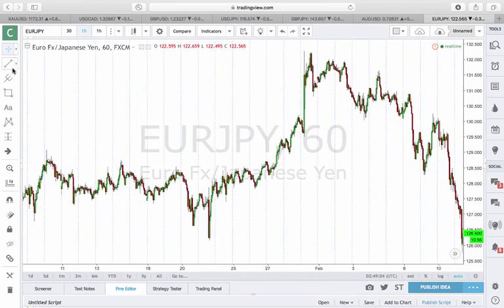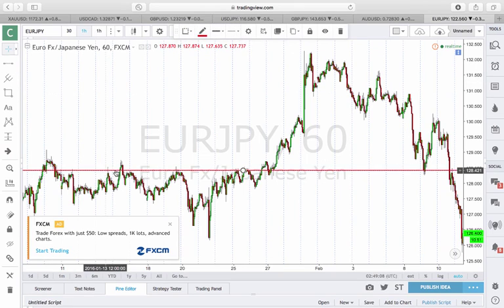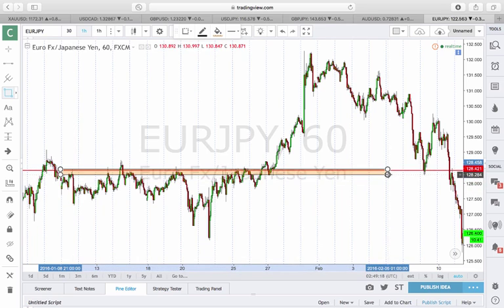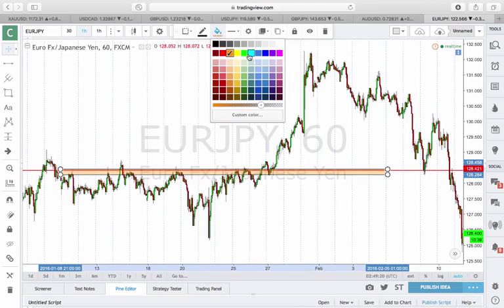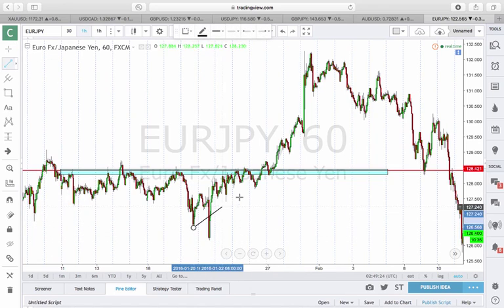Okay, so what I see here, first things first, I have an area of resistance. I see that it breaks above resistance. Is there a zone there? All right, yes, there's a zone there. So I draw out this zone. Also, is there a trend line? Yes, there is.